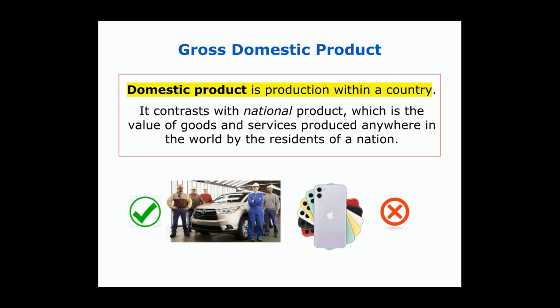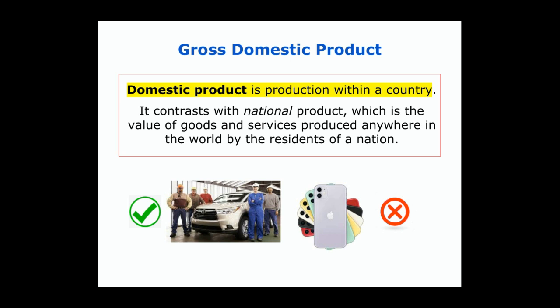Now, with the gross domestic product, we're looking at the domestic production that occurs in a country in a given period of time. So the Toyotas that are produced in Tennessee are counted in the United States GDP, and products that are produced in Asia, maybe iPhones in China, would be counted not in the United States GDP because they weren't produced in the United States.